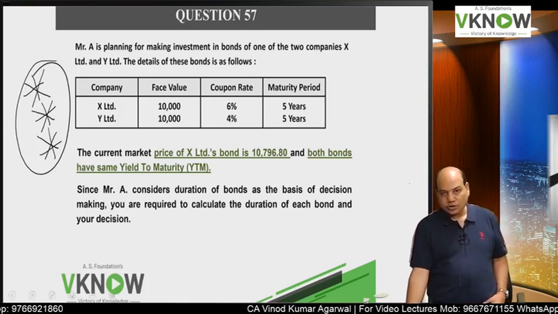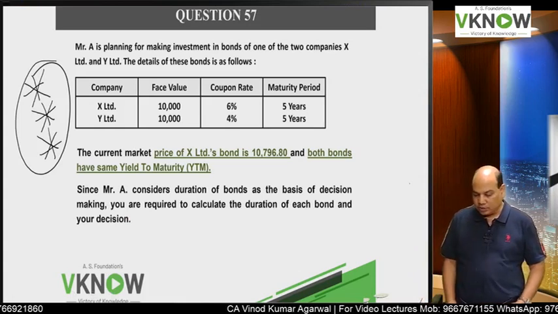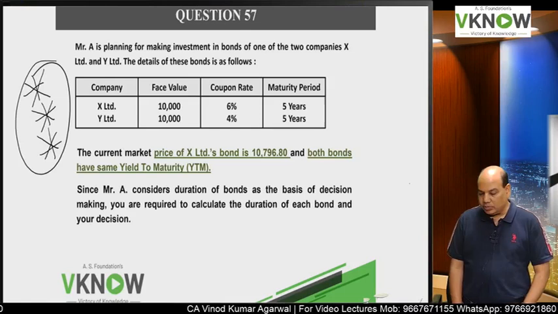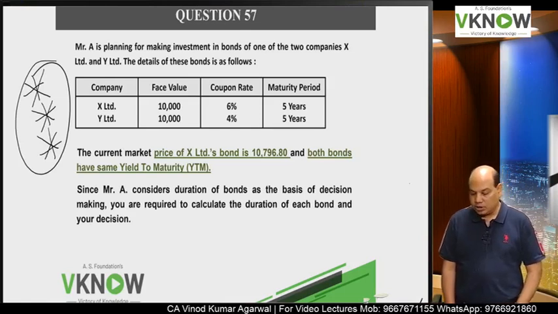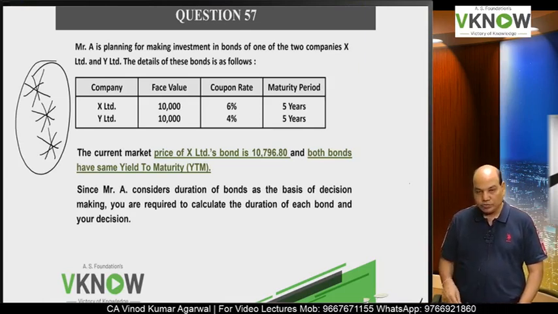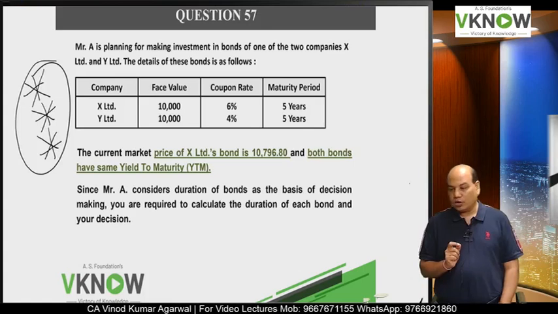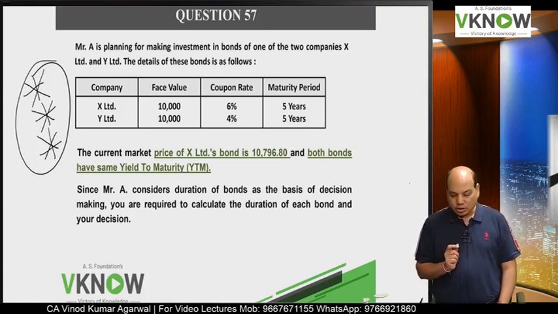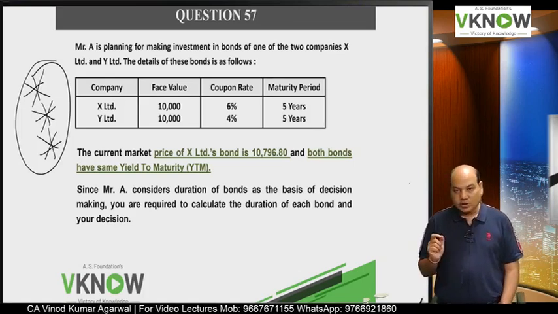Institute has asked this question in one of the exams or MTP, RTP. The details of these bonds are: X Limited bond has a face value of 10,000, coupon rate 6%, maturity 5 years, and Y Limited 10,000, 4%, 5 years.